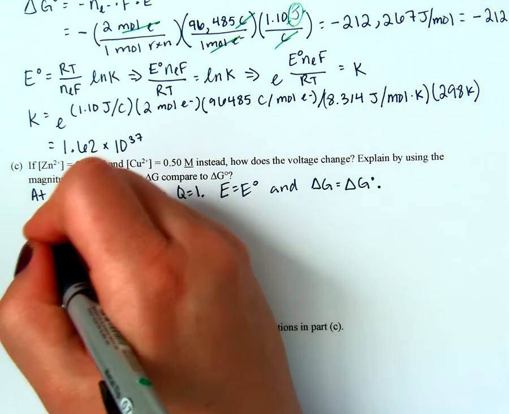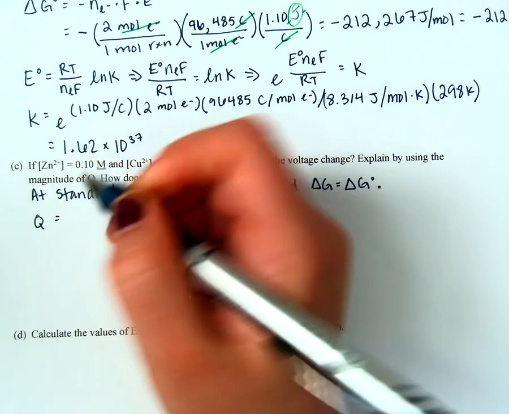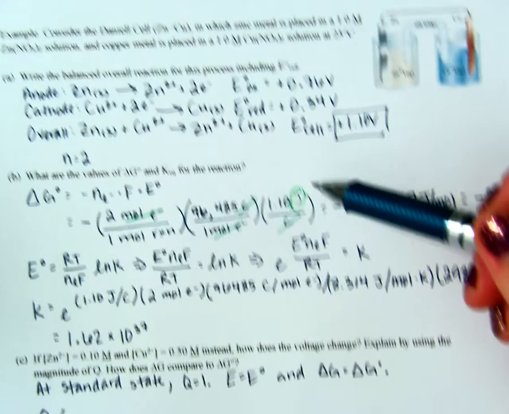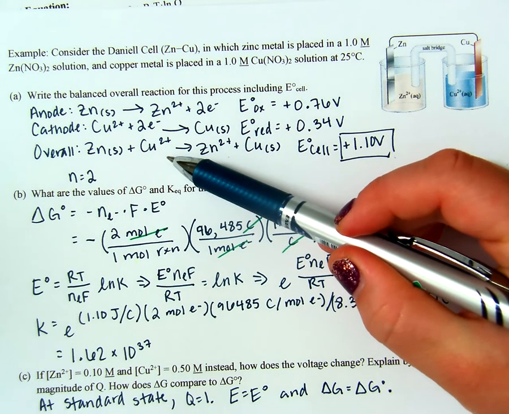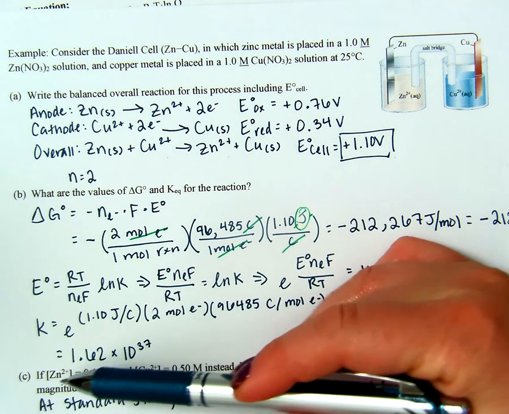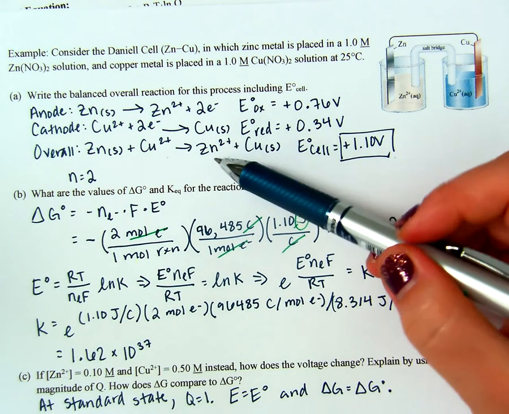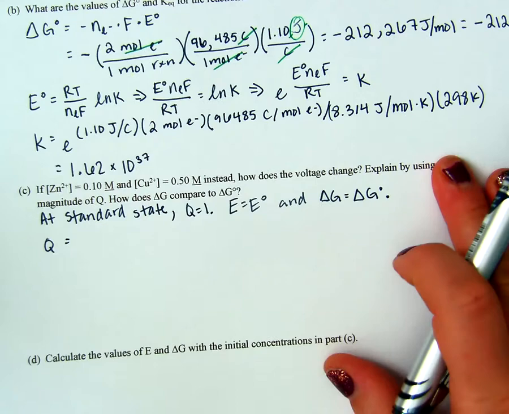So let's figure out what our Q is. So Q is going to be products over reactants, and if I look at my equation that I wrote above, my product is going to be zinc 2+, my reactant is going to be copper 2+, and we're dealing with the ions here as given, so zinc 2+ over copper 2+.